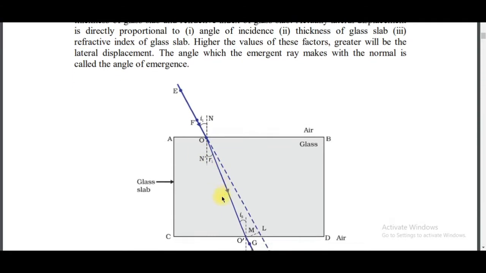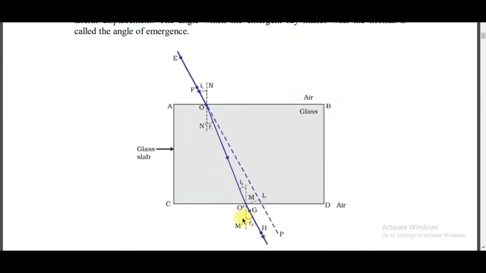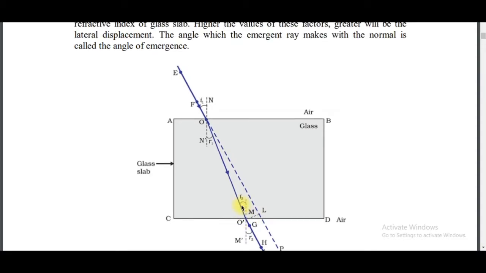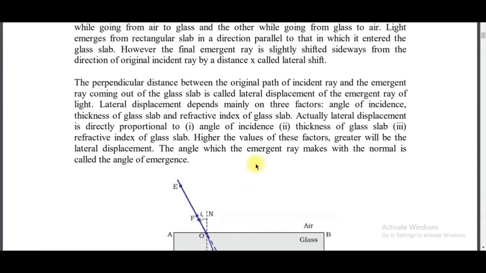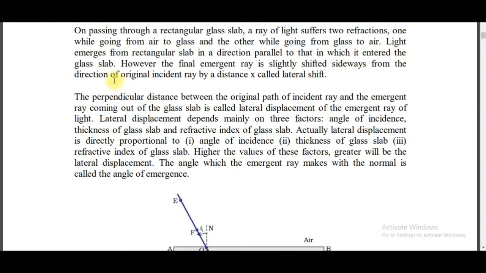The next takes place where it is exiting the glass slab. Light emerges from the rectangular slab in a direction parallel to that in which it entered the glass slab.